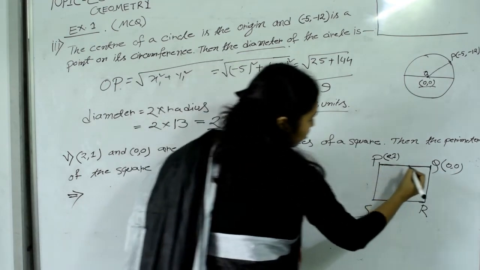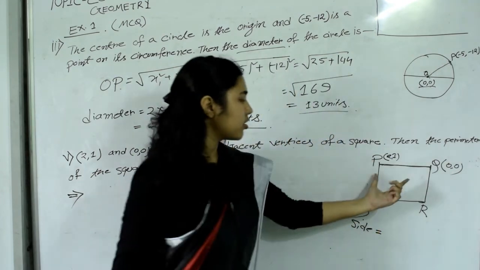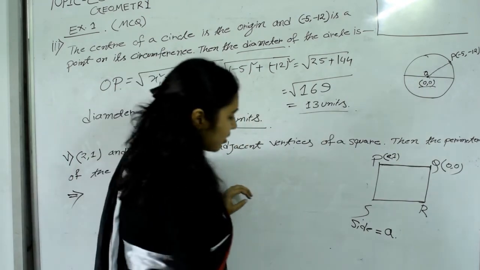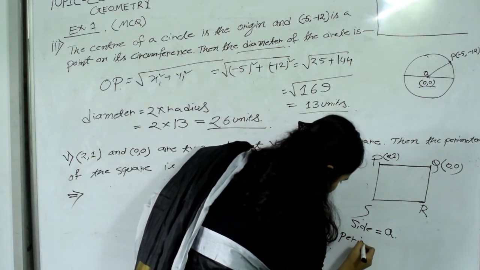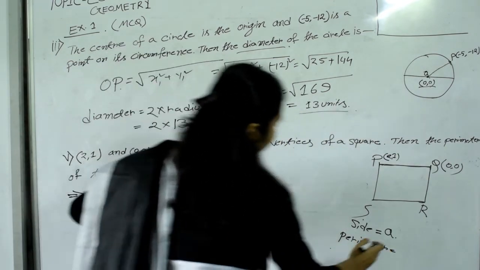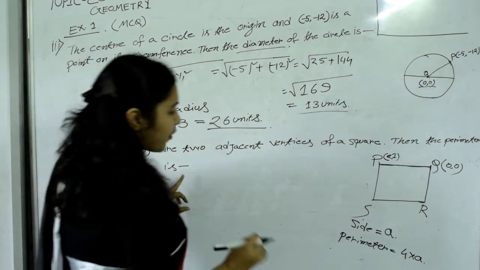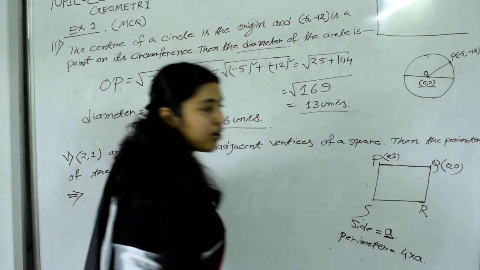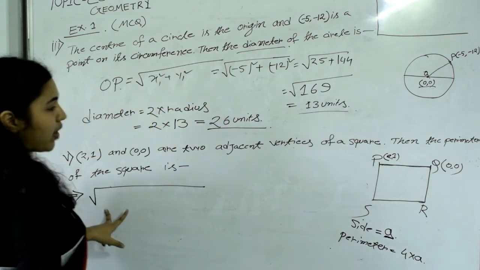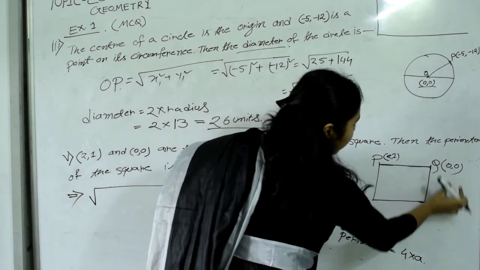Okay, so suppose the length of this side PQ is a, right? Then the perimeter is equal to 4 into a. So our intention is first to find the value of a. Okay, so first we have to find the distance between these two points.